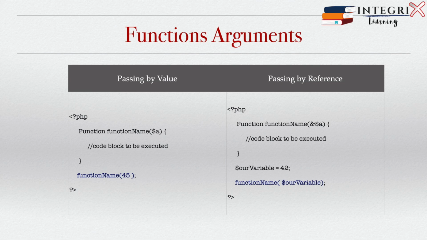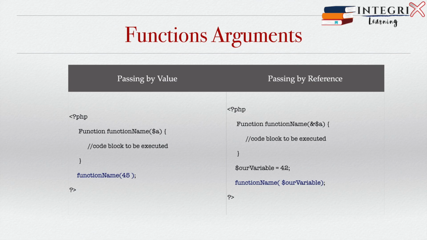However, if you want to impact the variable which is defined outside, you have to use passing by reference, where you will pass the variable inside, and in the function argument you will prefix the variable with ampersand to signify that it's passing by reference.